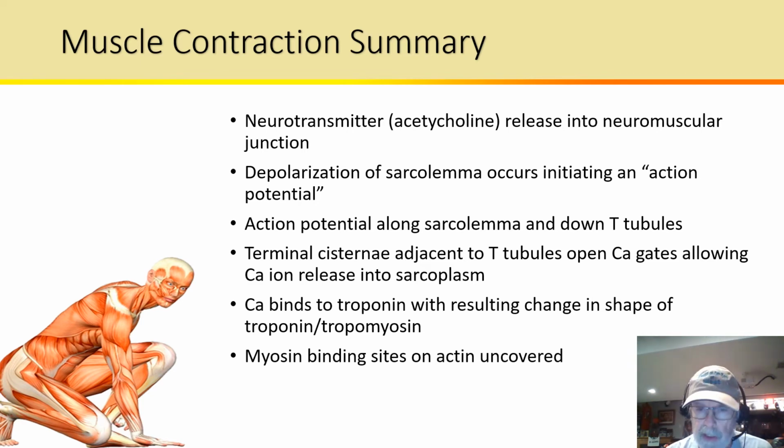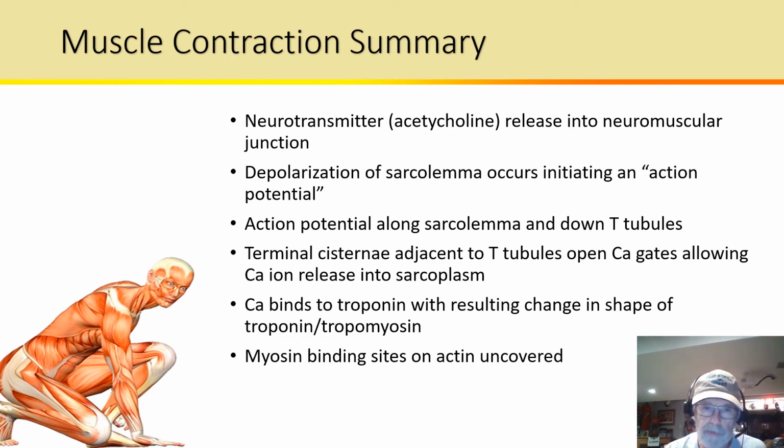Once we stimulate the sarcolemma going down the T tubules, these terminal cisternae, which are next to the T tubules, down the ends of the sarcomere, open the calcium gates and allow the calcium to be released into the sarcoplasm. That calcium then binds with the troponin, which allows the myosin to start to pull on the actin.